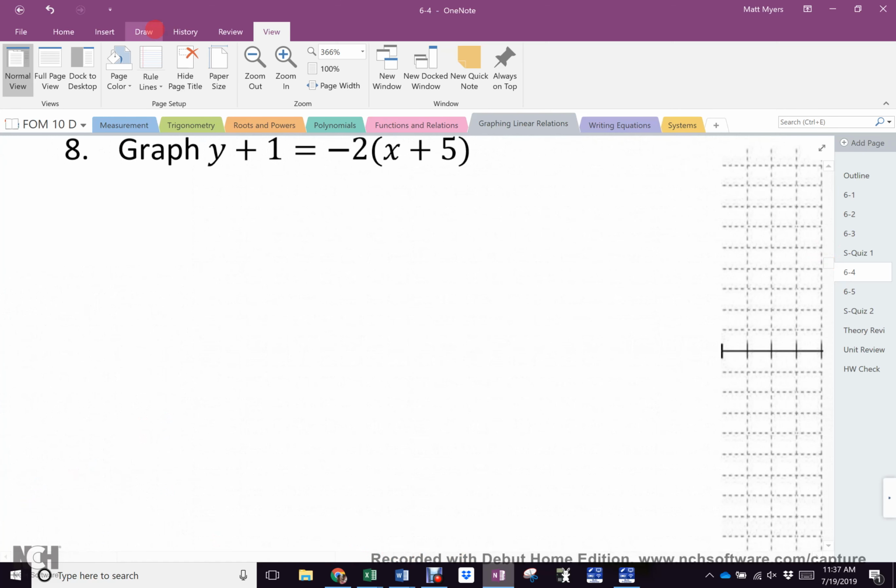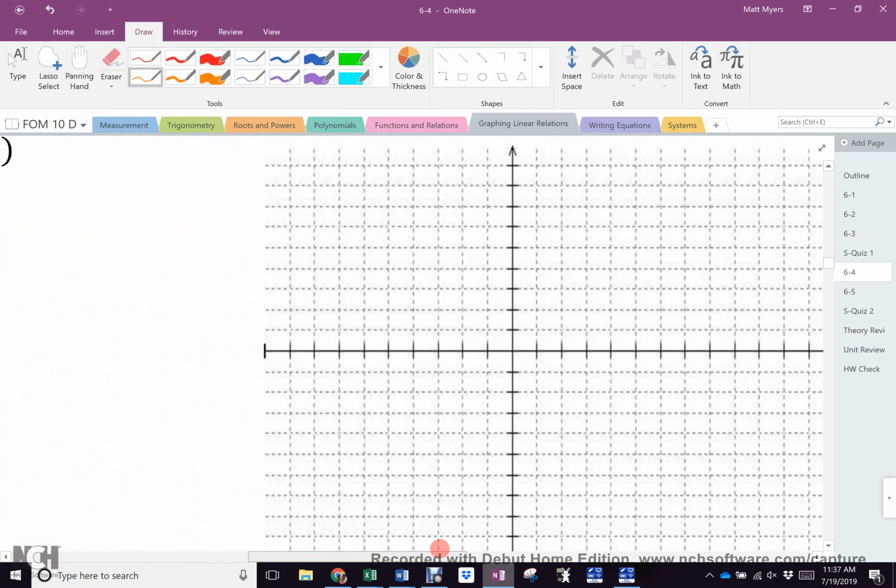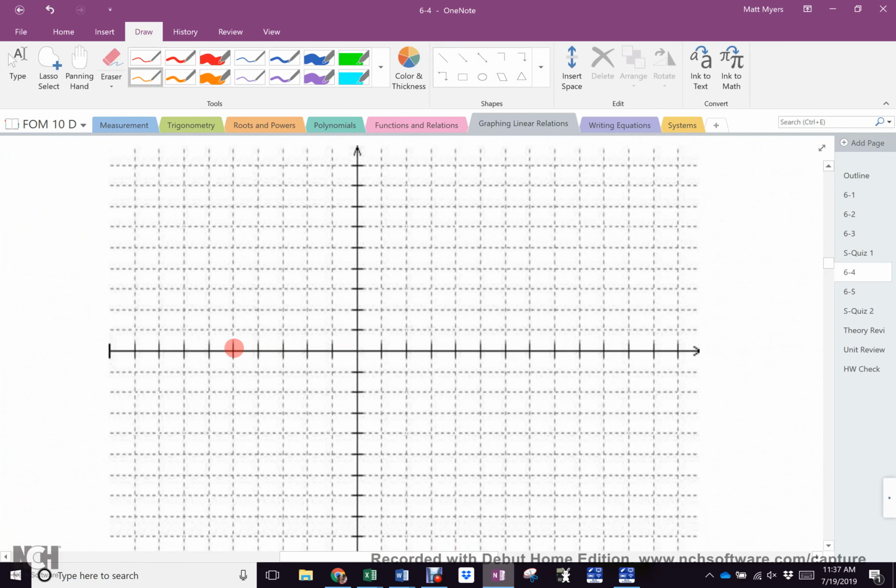What's my starting point? So I go over to here. Negative 1, 2, 3, 4, 5, negative 1. And what's my slope? Negative 2. So what are my options? Up 2 and left 1, or down 2 and right 1. Right?